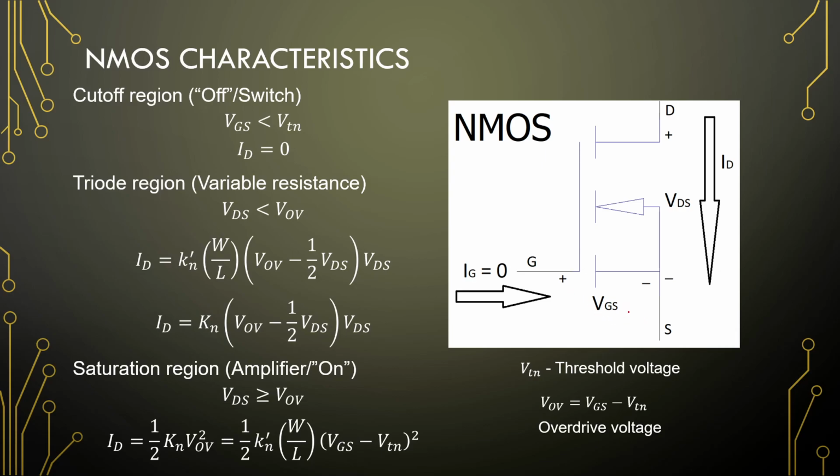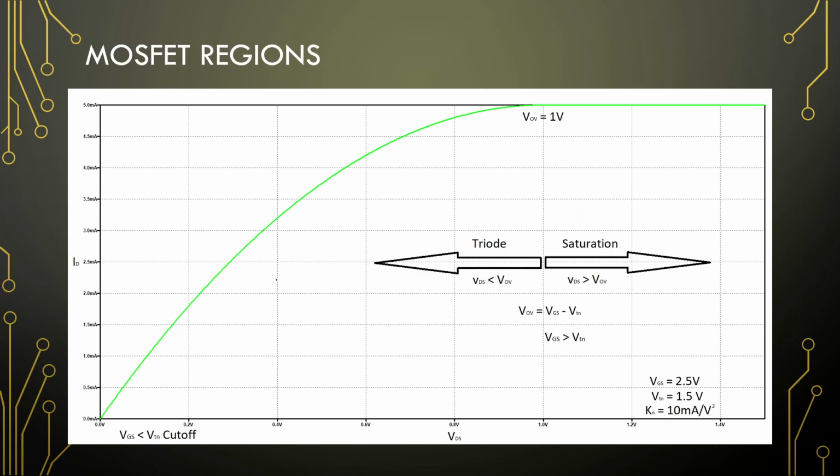As we adjust this voltage, more current can flow, and we have some relation to our drain source voltage right here. Okay, so if our gate source voltage is smaller than our threshold, our transistor will be in cutoff.